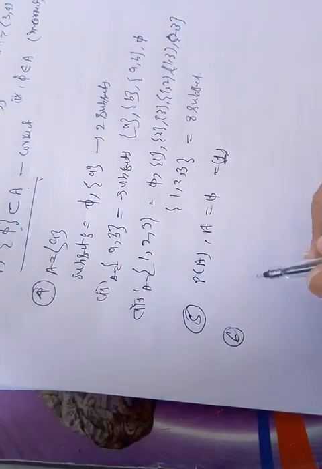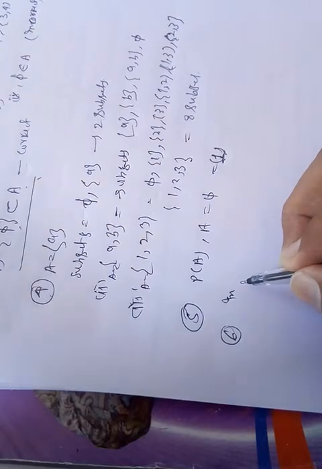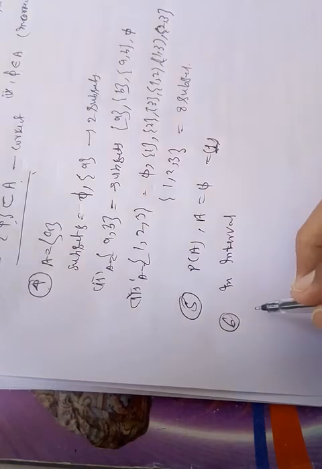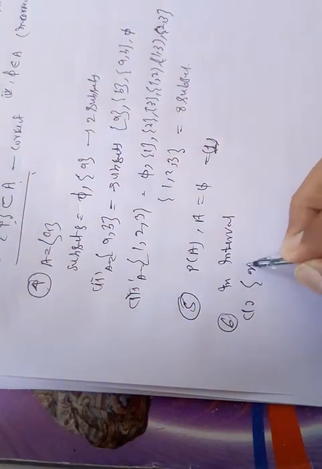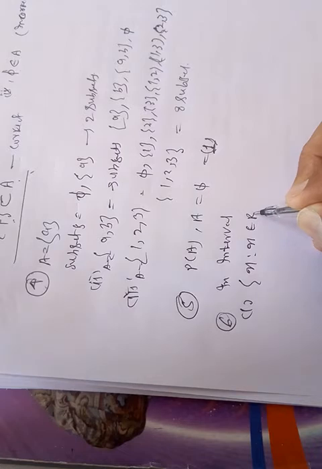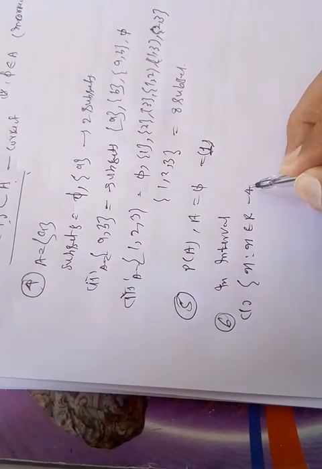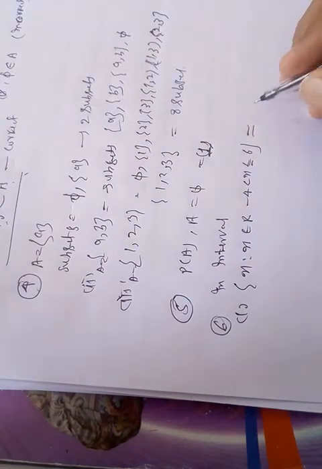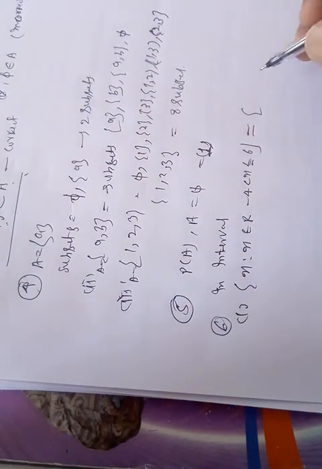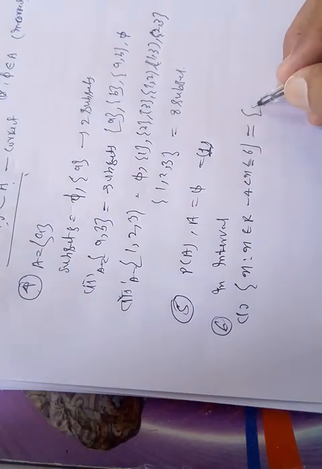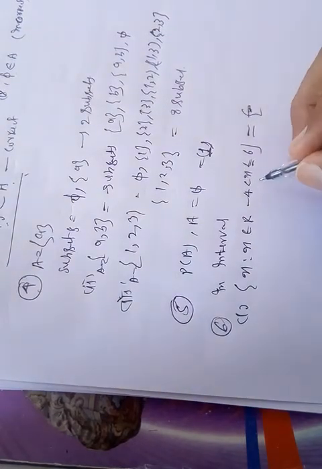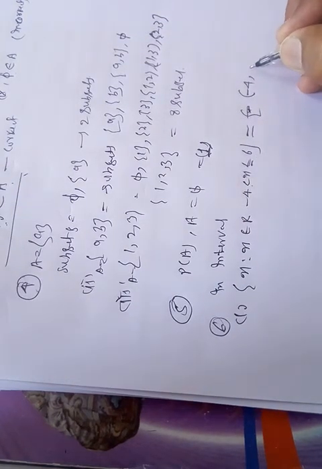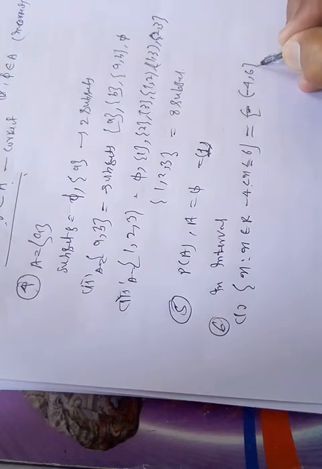Question 6, write the following intervals in set builder form. First, x such that x belongs to real, -4 < x ≤ 6. This is changed to roster form: (-4, 6].